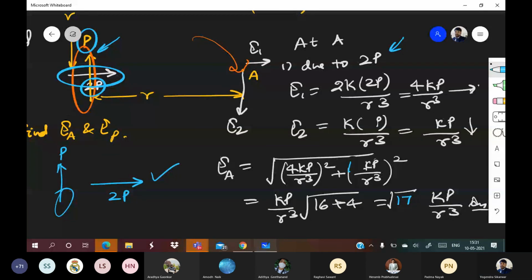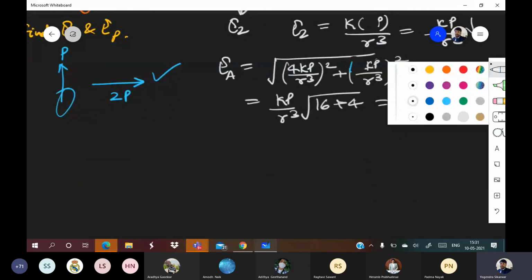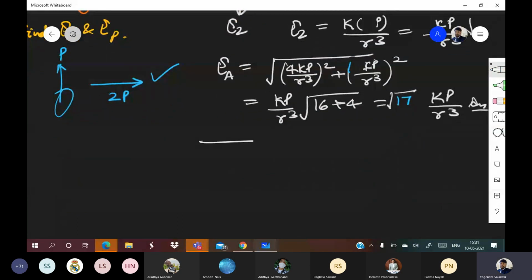Okay. So Mr. Yash, now you should pay attention. Now I am answering Yash's question. Suppose this is the E1 vector, and this is the E2 vector, and your resultant is this E net.